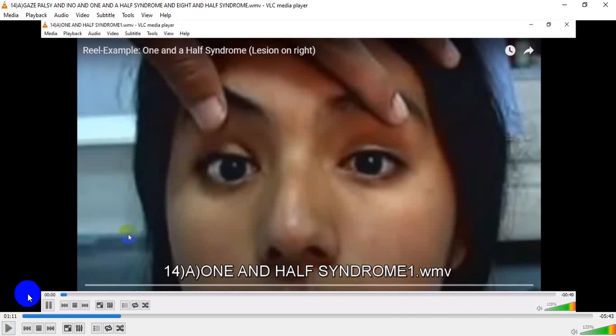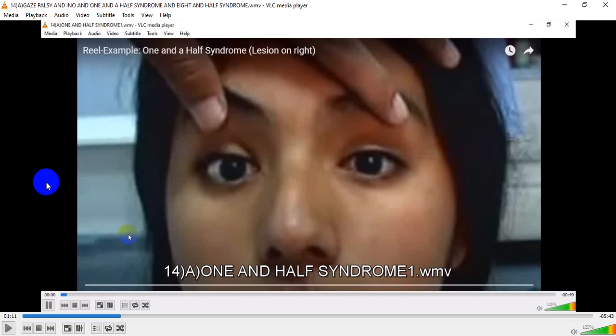Now we are going to another video, that is 1.5 syndrome. You will come across this in a person who develops damage to the medial longitudinal fascicle of one side, which will affect horizontal gaze.